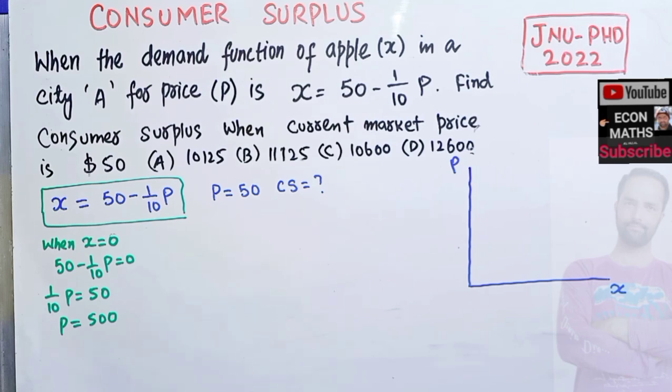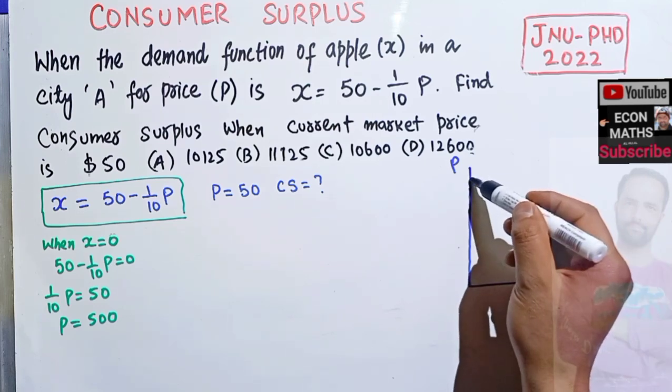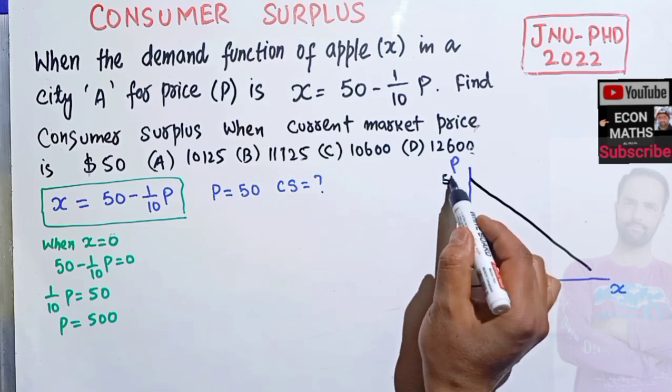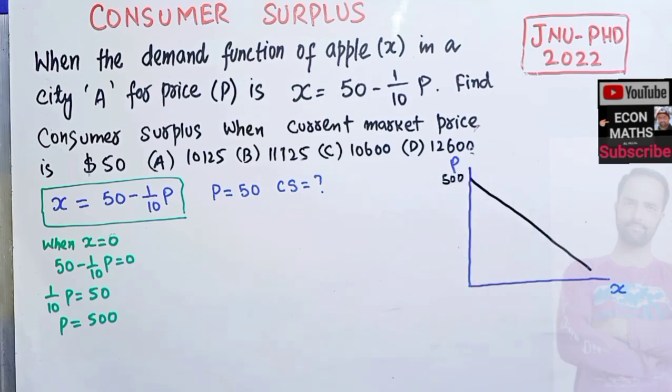So we got the price intercept. We actually need only one intercept, that is the price intercept here, which is 500. This is our downward sloping demand function.